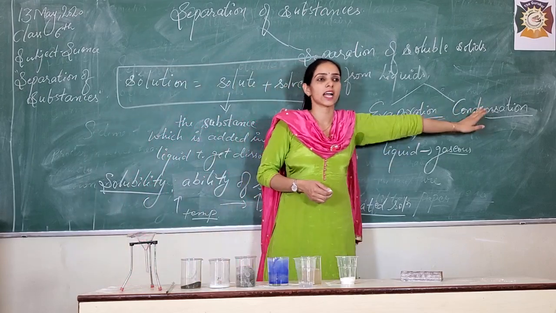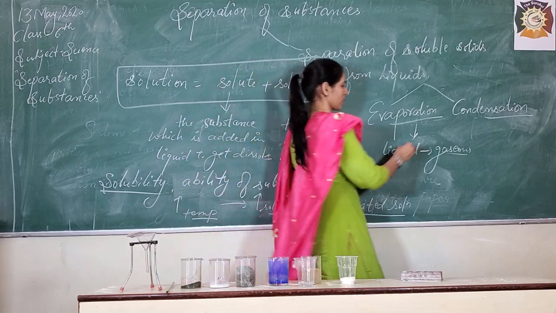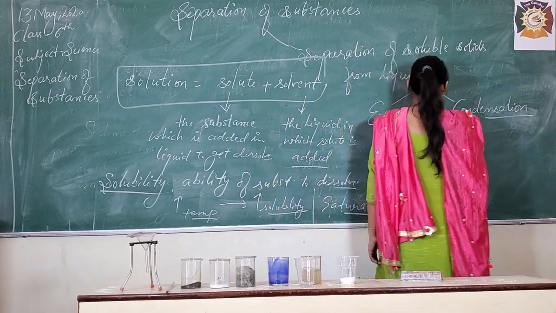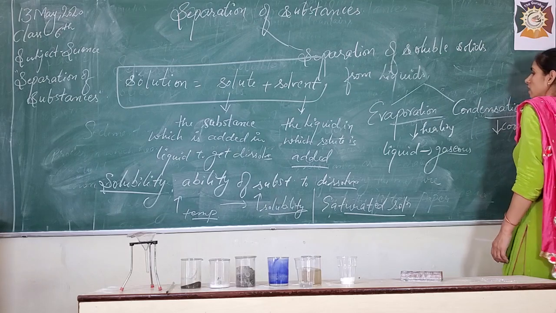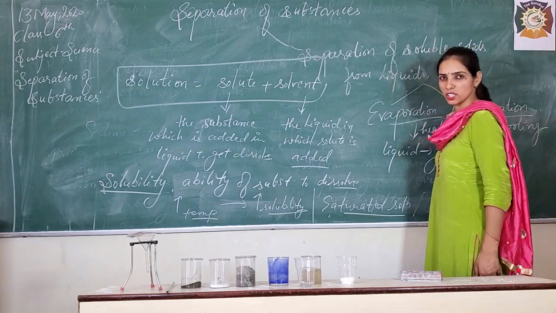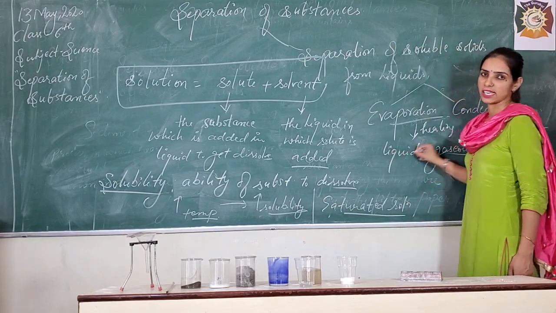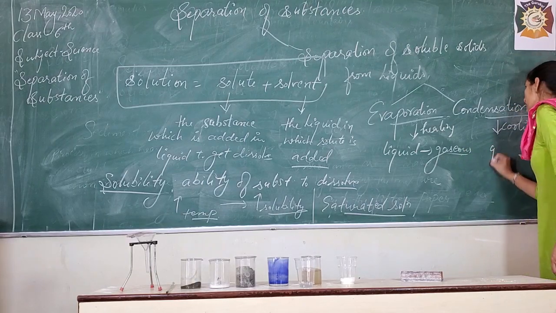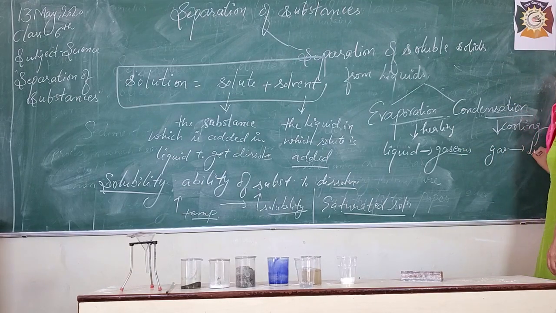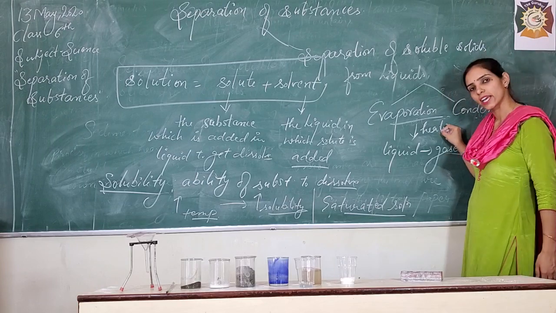Evaporation takes place only on heating, and condensation takes place only on cooling. These two processes are the reverse of each other. That means during evaporation, liquid changes into its gaseous form, and during condensation, gas is changed back into liquid. But this happens on cooling and this happens on heating.